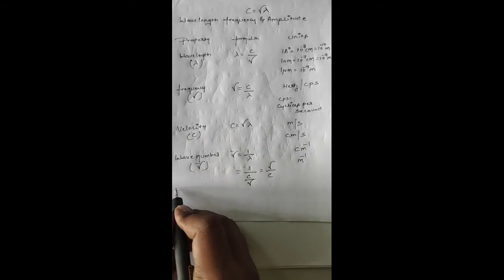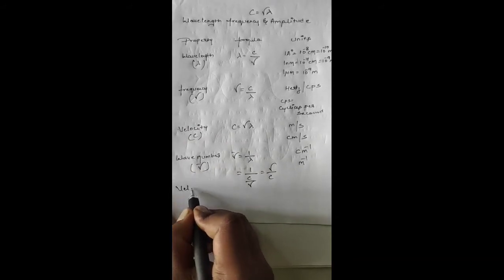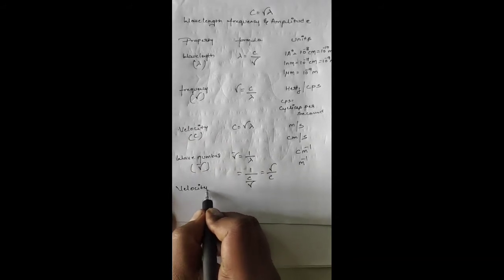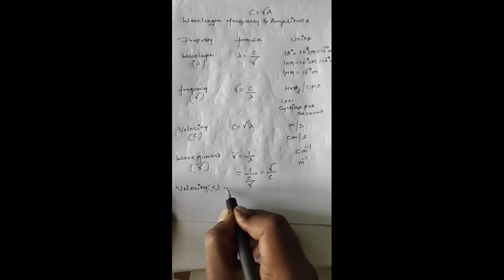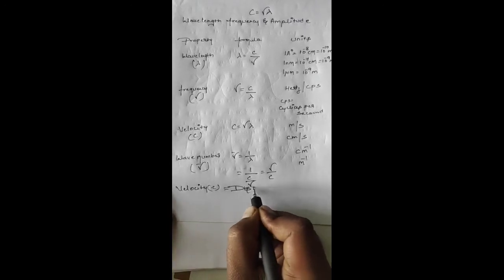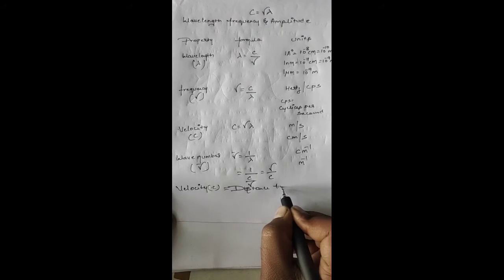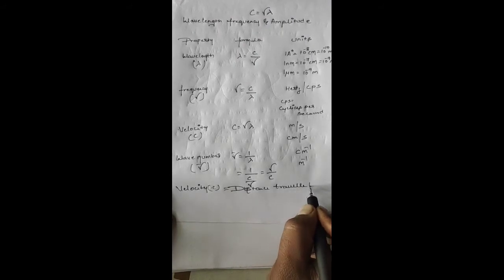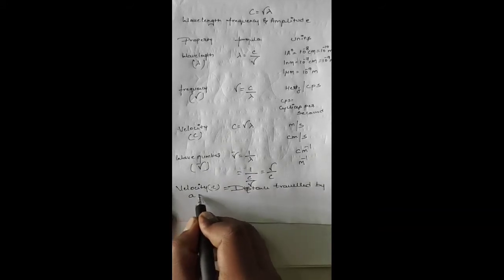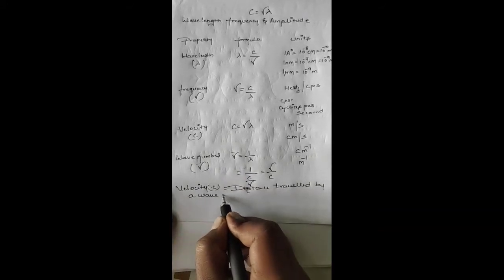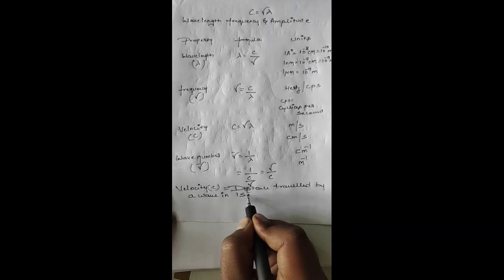I will write here: velocity c equals distance traveled by wave in 1 second.